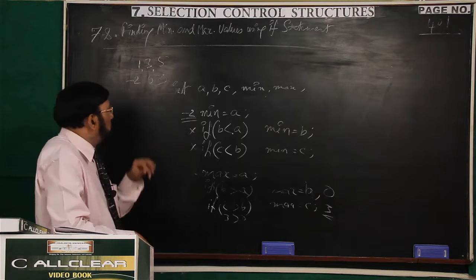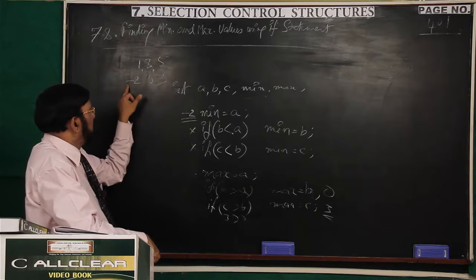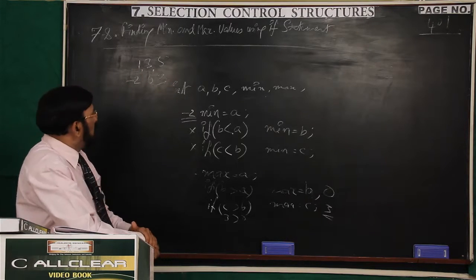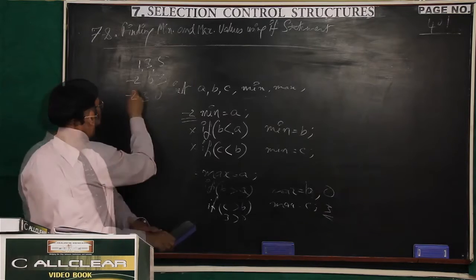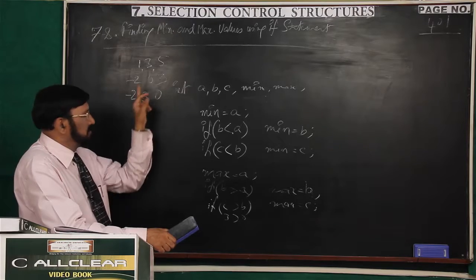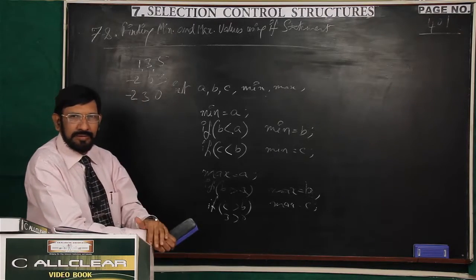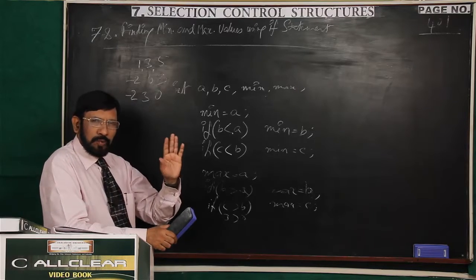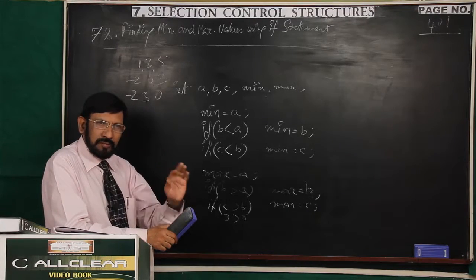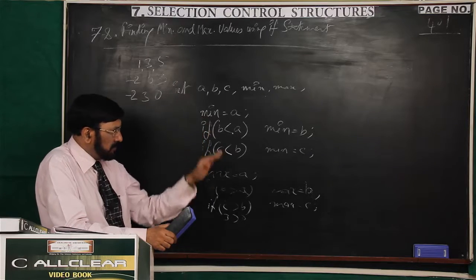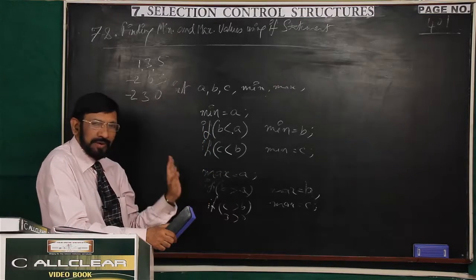This is one type, this is another type of input, and I am giving one more type of input. Now let's give one more set of input values, same values, but we are changing the order. Just try to understand this concept. Whatever values you can give, all types of sets of values you should give and test it.